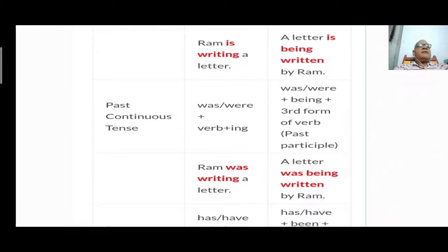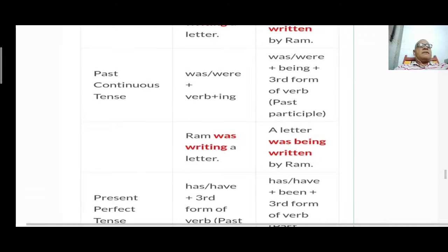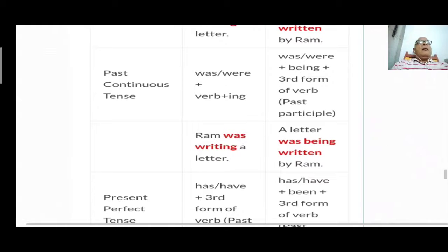Then when we are writing the past continuous tense, past continuous is subject, was or were, verb. Was is singular, were is plural. Verb 1 plus ing plus object is the principle for past continuous. So when we are changing it into passive voice: object plus was, were plus being plus verb 3 plus preposition plus object.